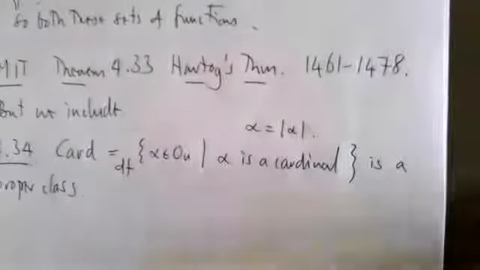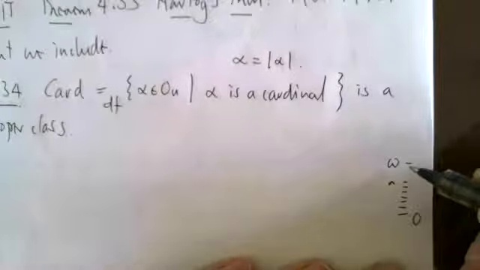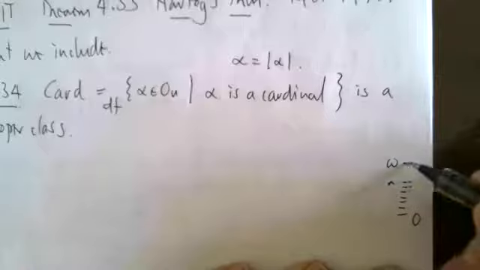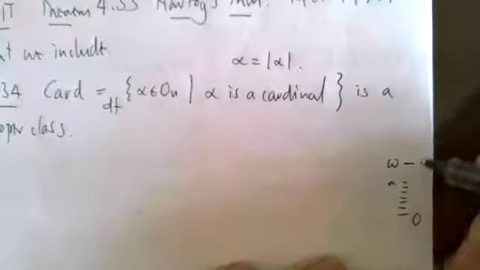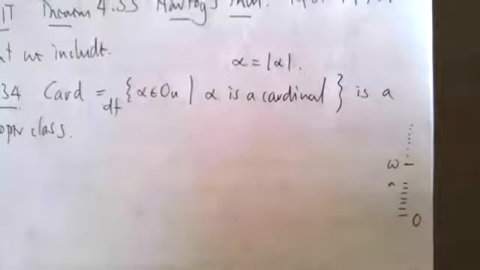So the picture is, here are the finites. Here's omega. These are all ordinals and cardinals simultaneously. Then come some ordinals that are not cardinals: omega plus 1, omega plus 2, and so on.